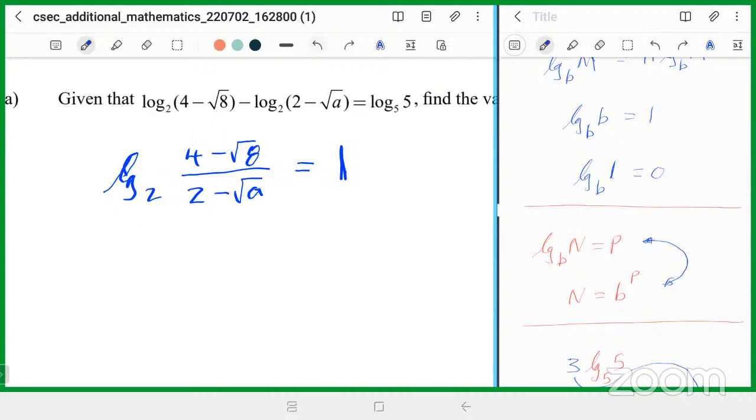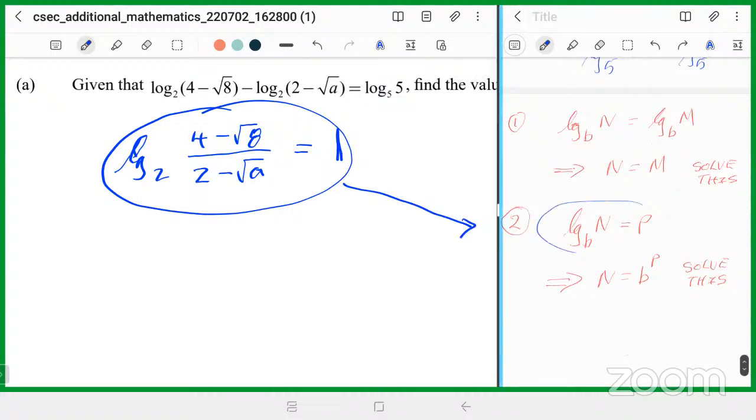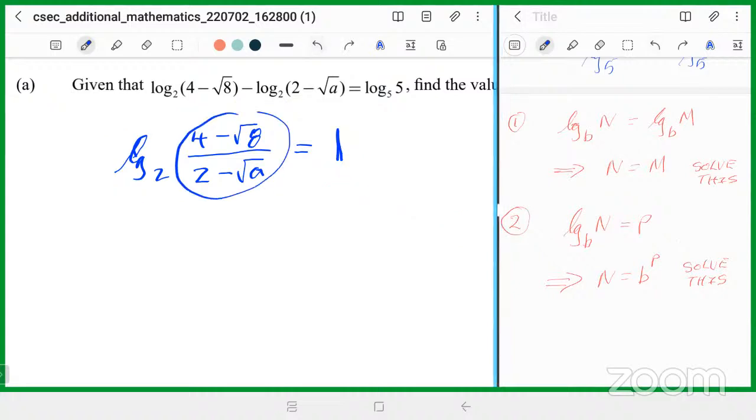But if you don't know that, you can recognize that we have actually gotten to the stage where this now is the form that we have here. And so what it means is that this number is equal to 2 raised to the power 1.